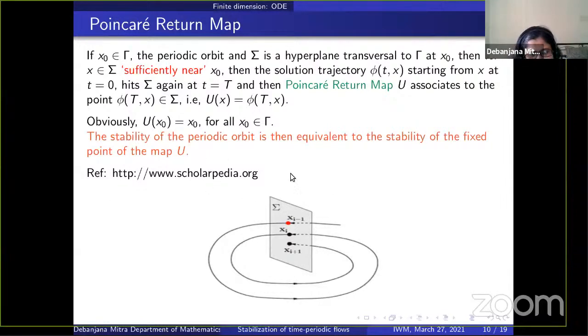Okay, so this was explained here, and the idea is that the stability of the dynamical system corresponds to the stability of the fixed point of the map U. So that is what is studied.